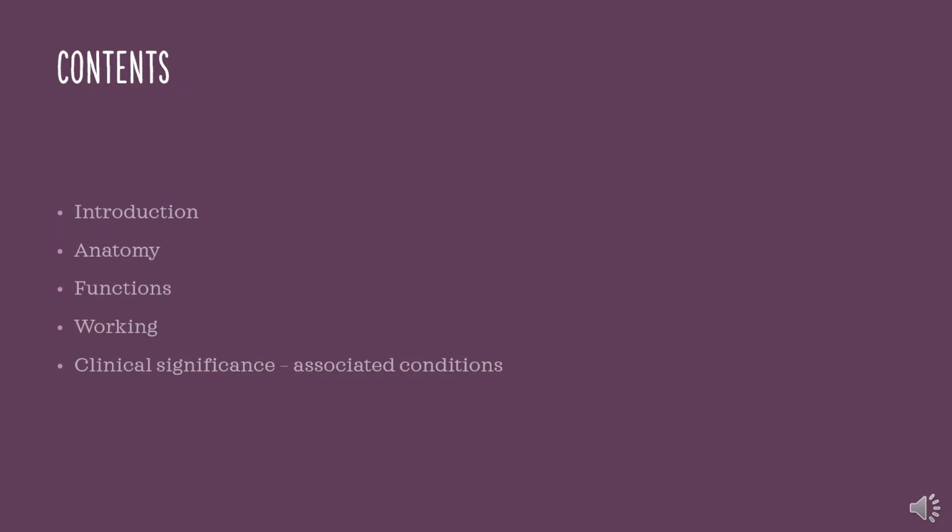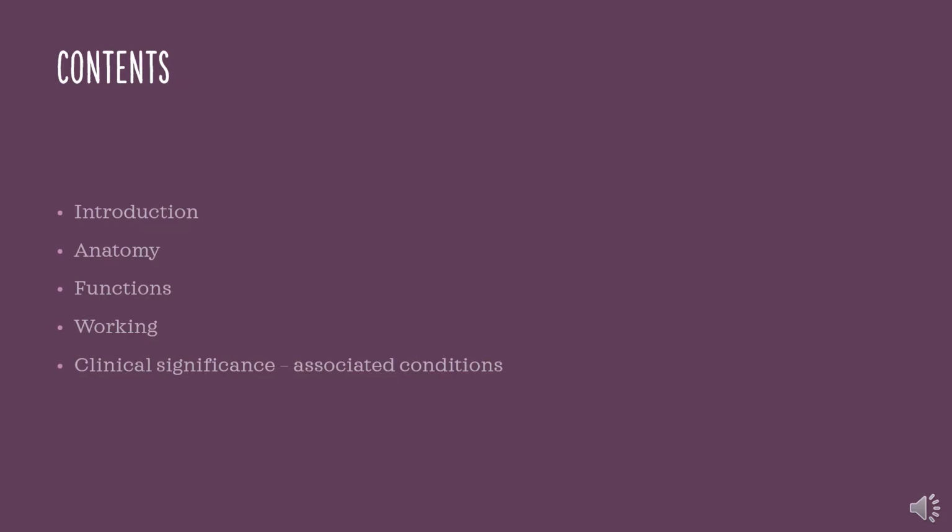Before I begin, I would just like to provide an overview of everything that is going to be covered in this lecture. We are going to start by introducing the basal ganglia, followed by some basic neuroanatomy, followed by an explanation of the functions of the basal ganglia.